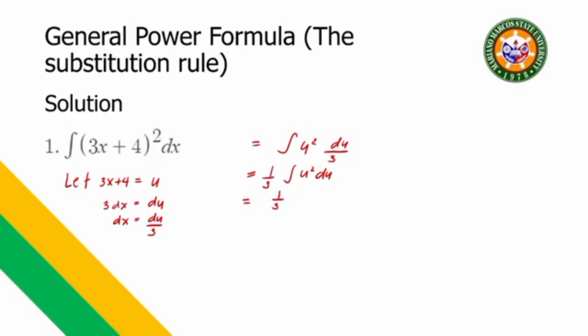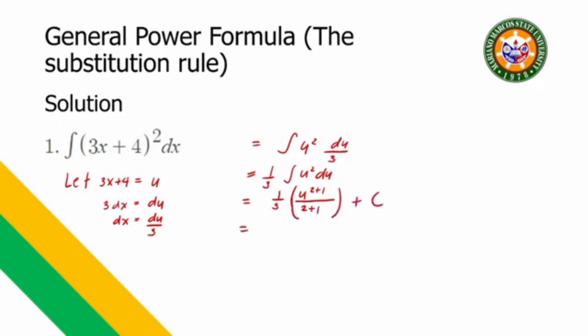We will have u raised to 2, so the exponent is 2. So 2 plus 1 all over 2 plus 1, plus, never forget the constant c.